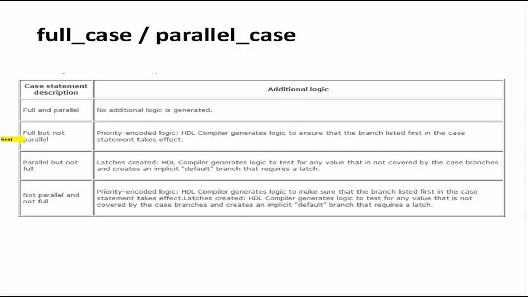If it is full but not parallel, then priority encoded logic will be there. It will generate logic to ensure that the branch listed first takes effect. If it is parallel but not full, latches are created. If it is neither parallel nor full, then it will generate priority encoded logic and it will also create latches.